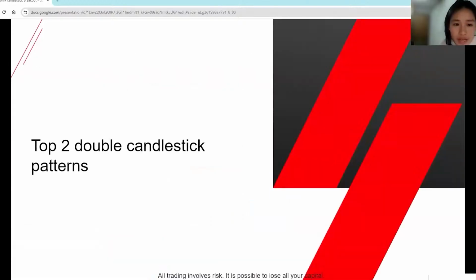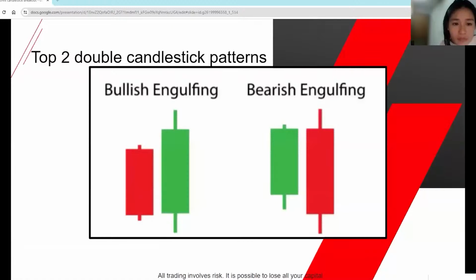Okay, now let's look at the top two double candlestick patterns. So we basically have the bullish and bearish engulfing first. Again, pretty straightforward.